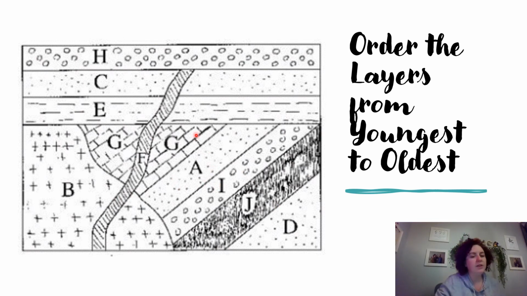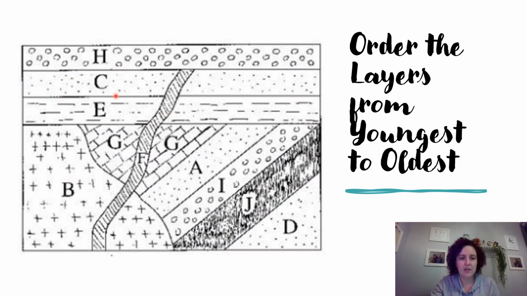Now you have G, but you have F cutting across it, so G had to be there first. Then we have B, which had to have been there before F cut across it. So oldest, D, J, I, A, G, B. Now F cuts across all of this, so E had to be there before.